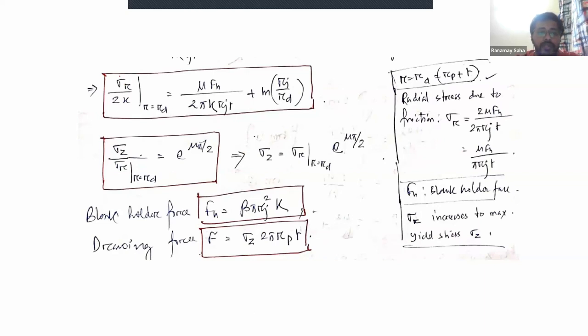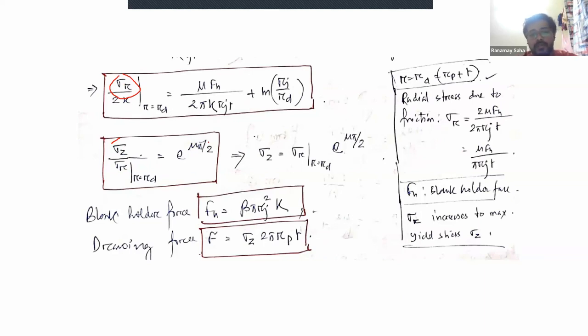Now from that you can find the radial stress, and looking at the belt pulley formulation, sigma z divided by sigma r gives you the exponential of mu pi by 2, where pi by 2 is the subtended angle.